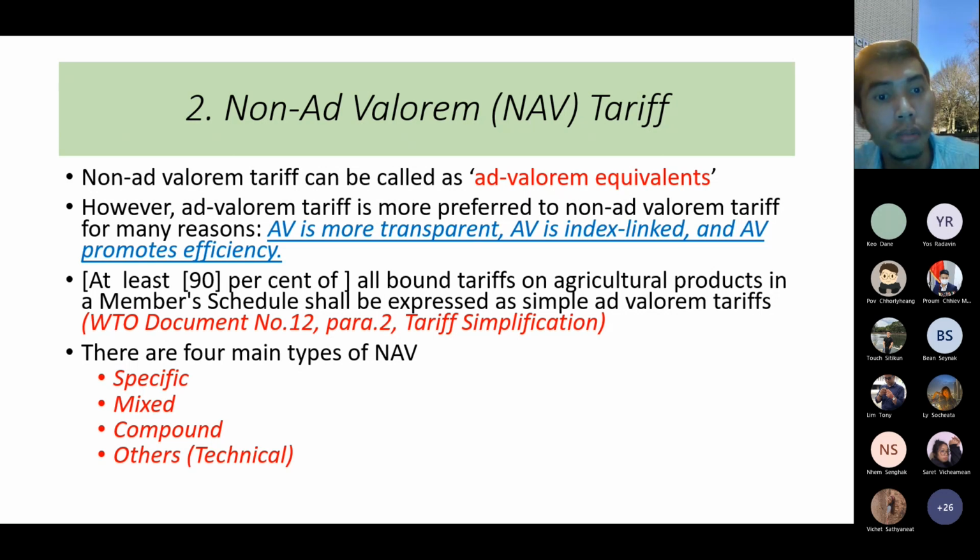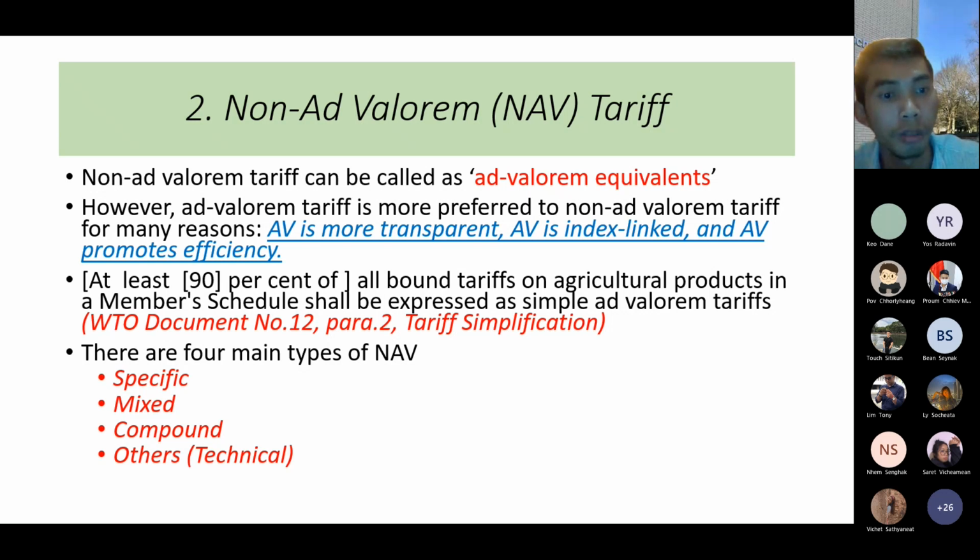That is why they recommend all members to express their bound tariffs in AV form. It is very simple to calculate: just calculate the percentage of the tariff against the actual price of the good, so you can find the actual value of a tariff of 5%, for example.